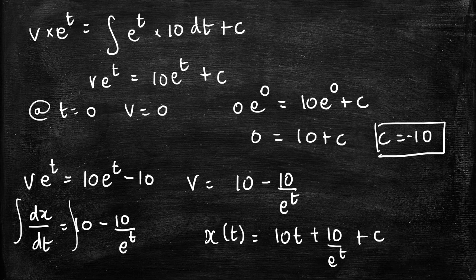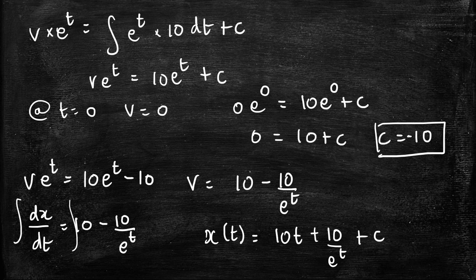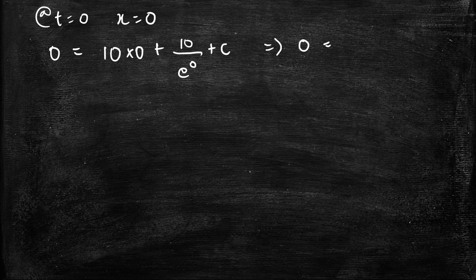Okay. Again, we will use the same condition, which is at t is equal to 0, x will also be 0, because at time t equal to 0, x will not move. Distance will be 0. So now we are going to substitute over here. So 0 is equal to 10 into 0 plus 10 by e power 0 plus c, which is equal to 0 is equal to 10 plus c.